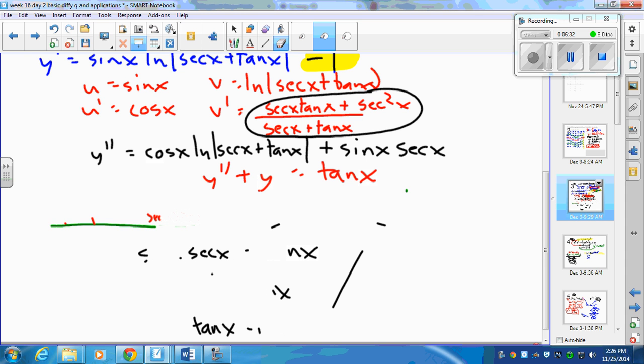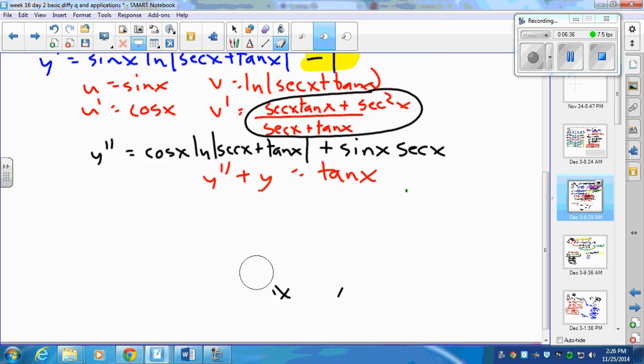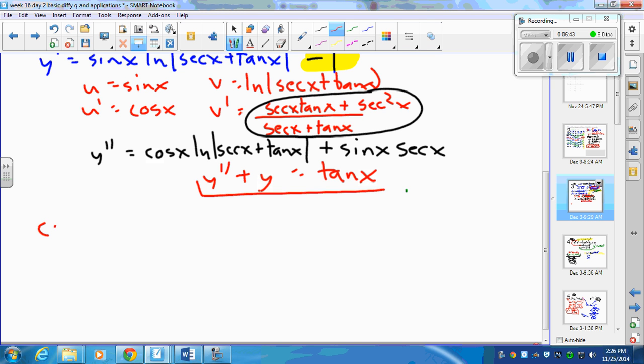So all of that is y double prime. Let me do this for you, instead of making it already pre-established. My goal is to force, hopefully, this equation to be true. So my y double prime is cosine x ln of secant x plus tangent x plus sine x secant x.